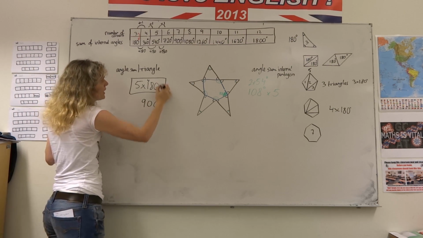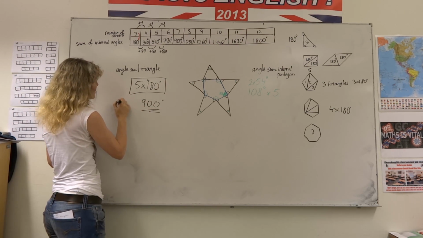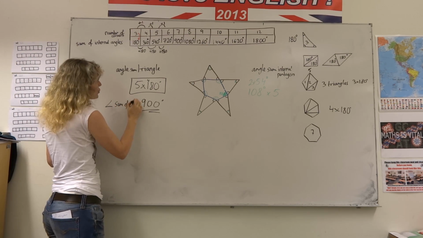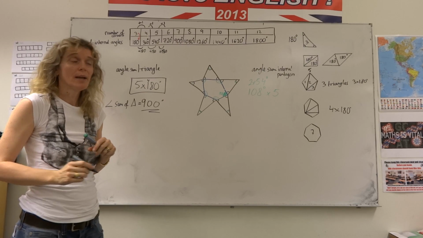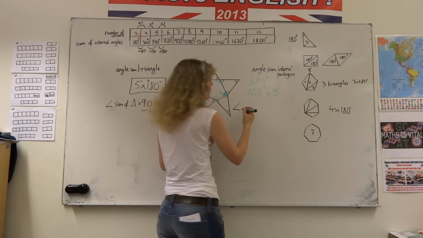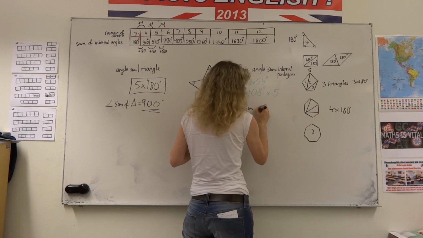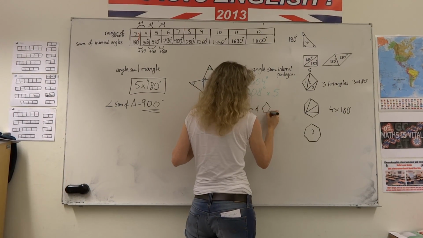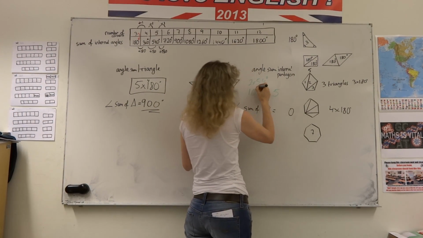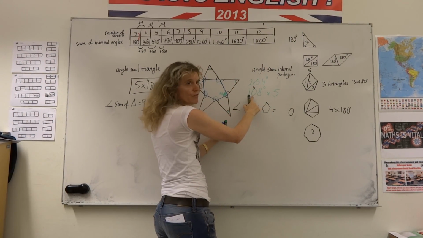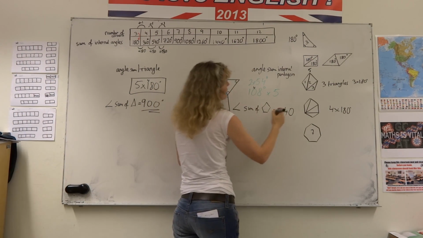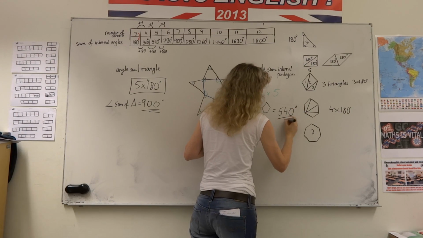So here we have 900 degrees. This is the angular sum of all our triangles. This one will be the angular sum of our pentagon; this symbol means angle. 5 8s are 40. Carry the 4. 5 zeros are 0 plus the 4, 4. 5 1s, 5. 540 degrees.